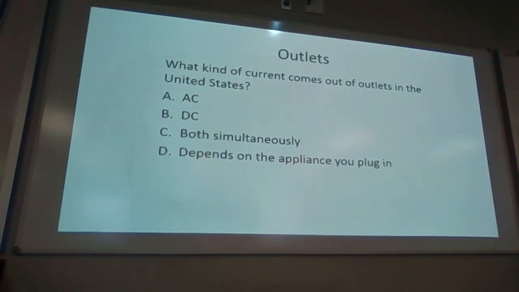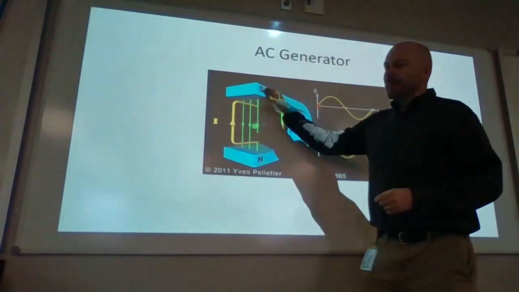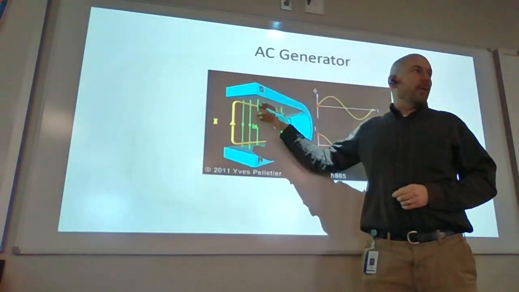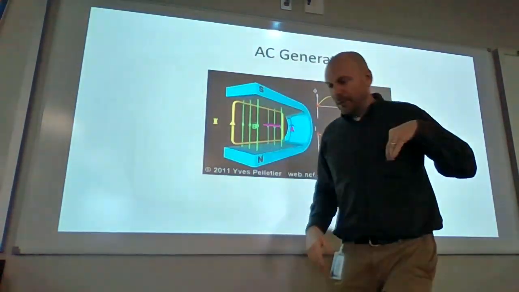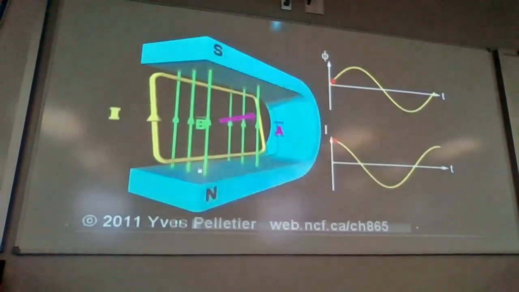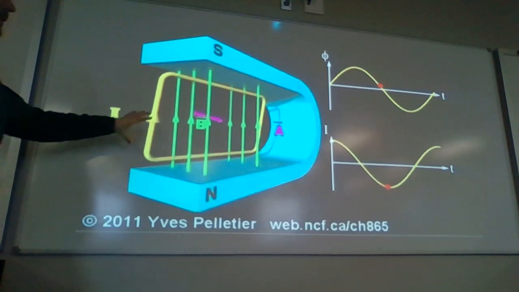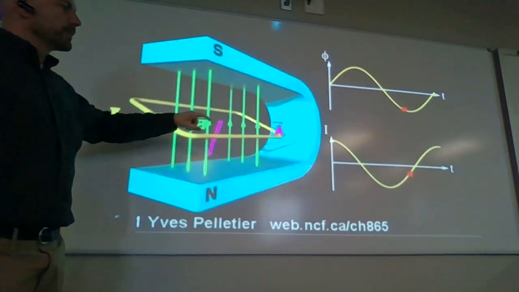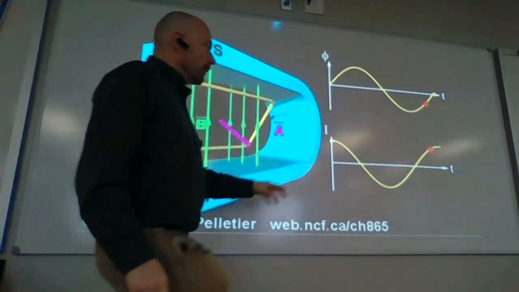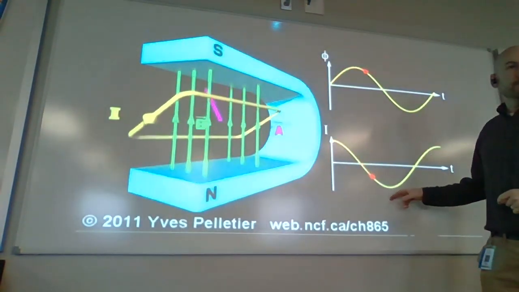Okay. All right. So, here's a generator. Here's a simple model of a generator. You have a magnetic field and wire loops, and we're going to cause those wire loops to spin. That spinning of the wire loops causes an alternating current.